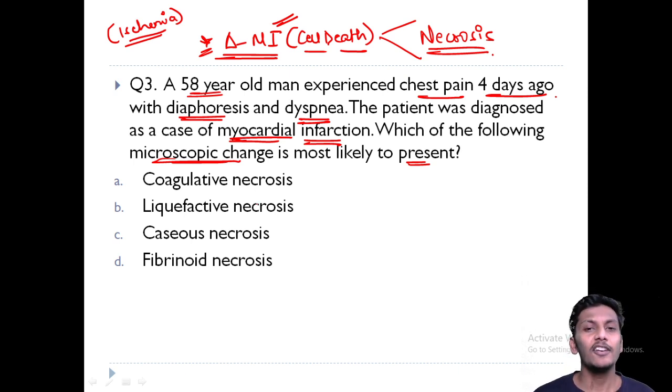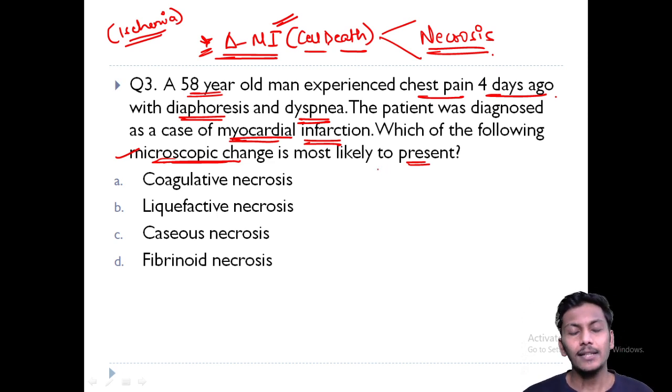Important, right? There are different types of necrosis that we have: coagulative necrosis, liquefactive necrosis, caseous necrosis, fibrinoid necrosis, or fat necrosis. All of these are different types of necrosis. Now they are asking which of these types of necrosis would be seen on a microscope in cases of myocardial infarction, right?